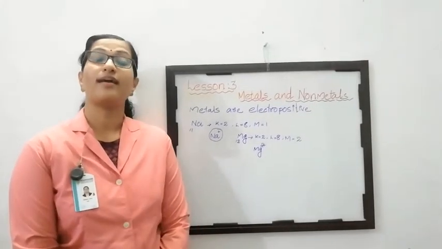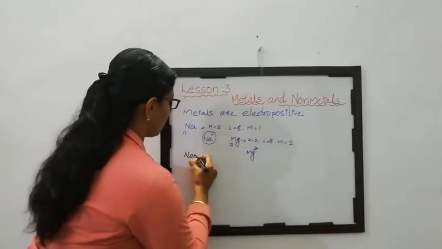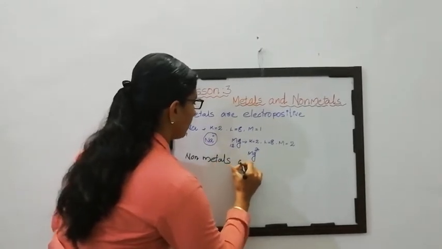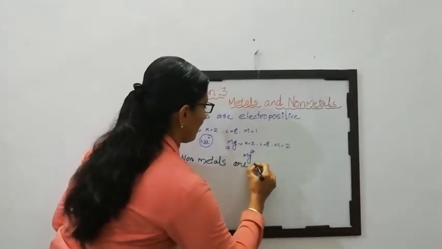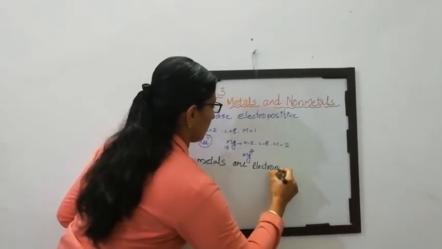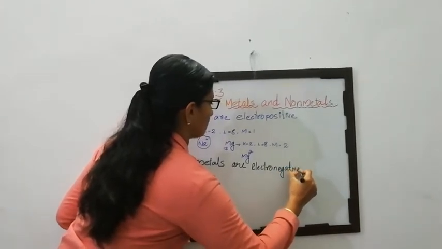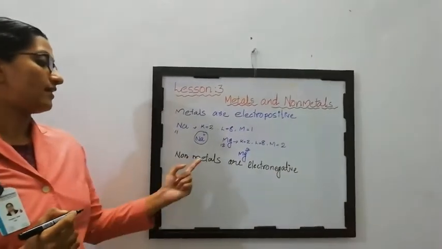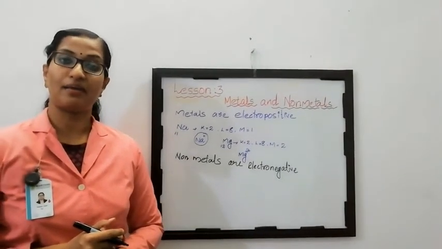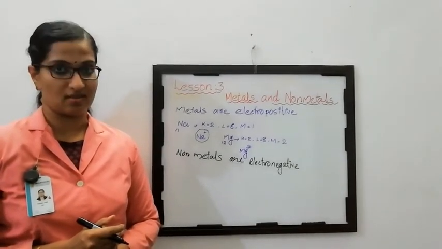Children, then what are non-metals? Non-metals are electronegative. Why are they electronegative? When you take the elements, you can see there are so many gaseous elements present.